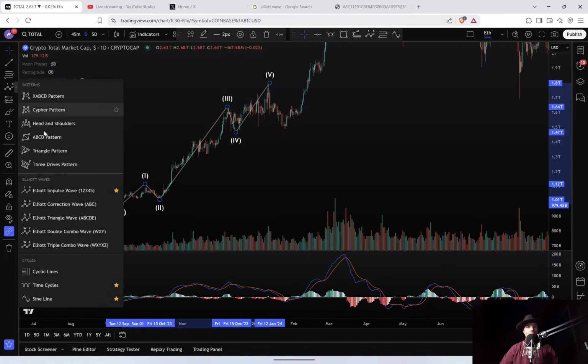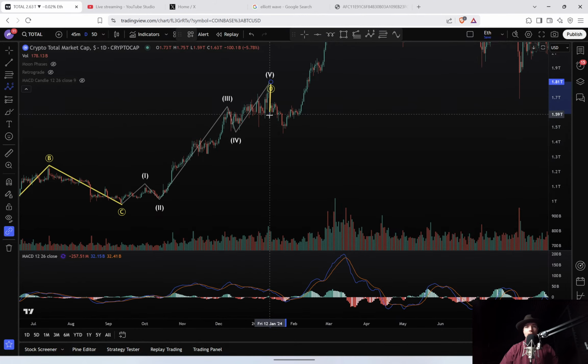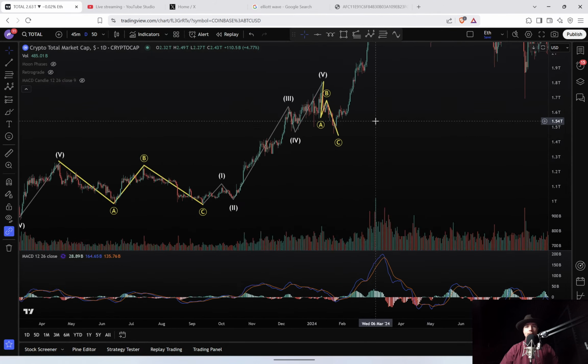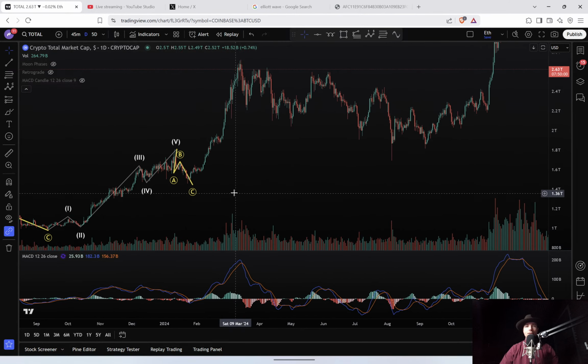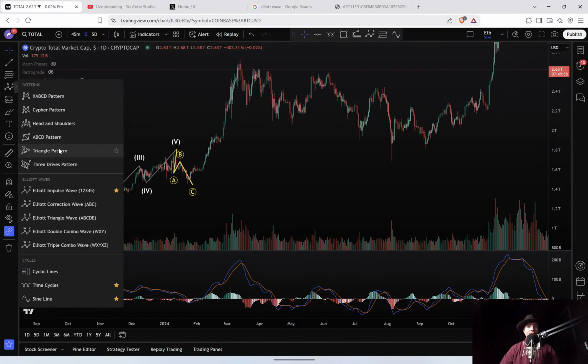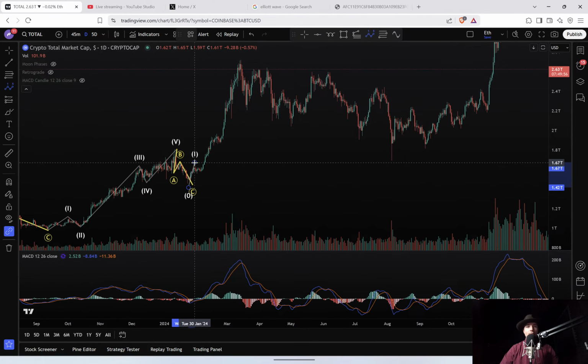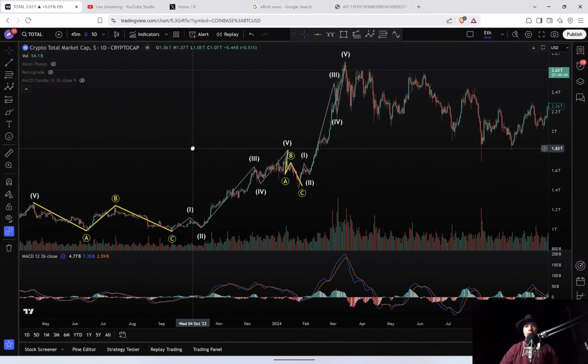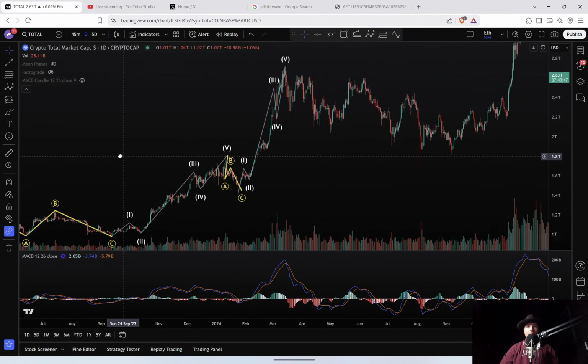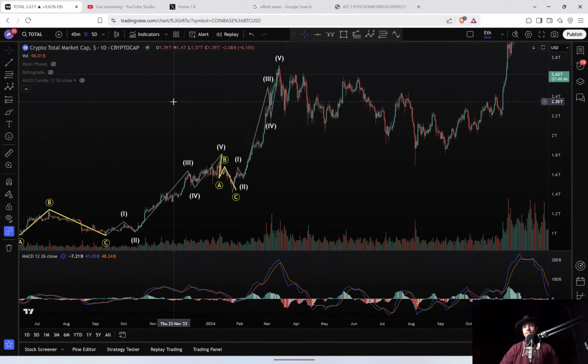See? And then we get our ABC correction down, A, B, and C. Right? And then guess what happens right here? We get another 5-wave impulse up. Wave 1, wave 2, wave 3, wave 4, and wave 5, right? So the Elliott waves are repeating over and over and over again.